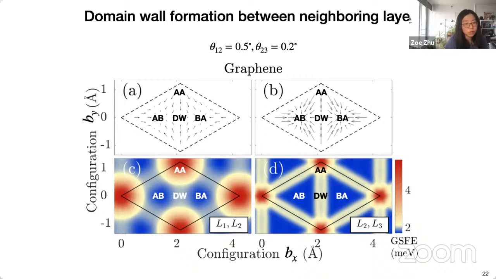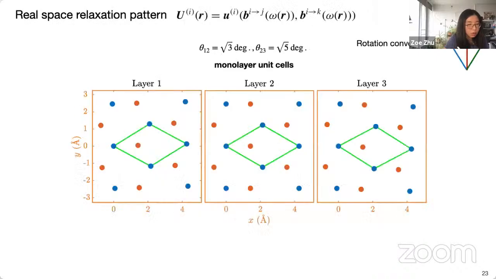But to really see what's going on, we have to go to real space, which will give you a better idea of the relaxation pattern of the system. To go back to real space, we use the following mapping. The idea is that for every real space position R, we find what the local configuration vector is, this B vector.